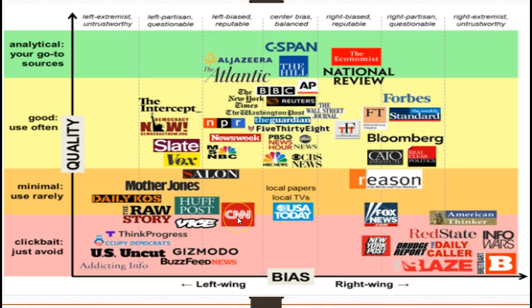I probably watch CNN far more than I might check in to see what Fox News is reporting. But I have to be aware that CNN is left biased, still a reputable resource, but left biased. Fox News is bordering right biased, but it's also bordering reputable and questionable reporting.